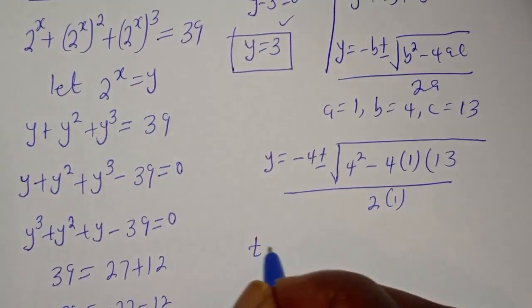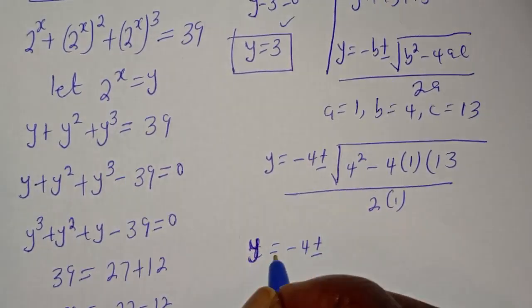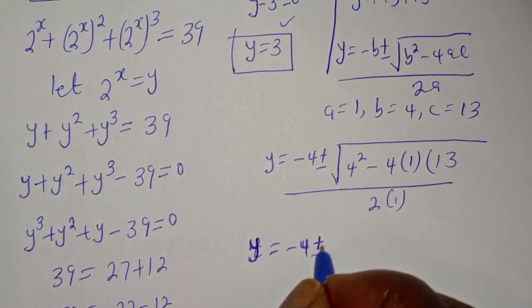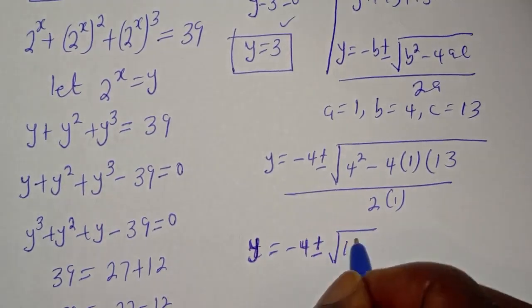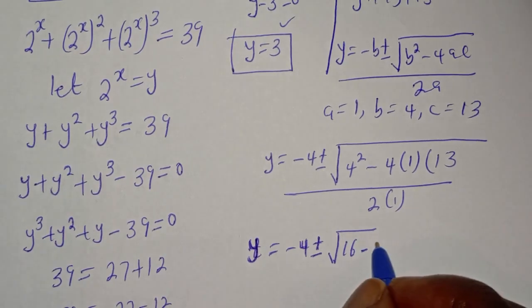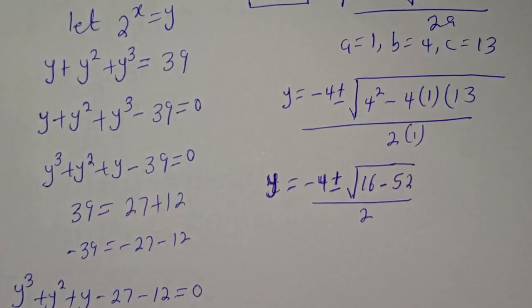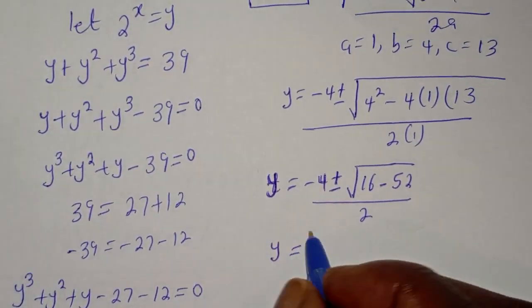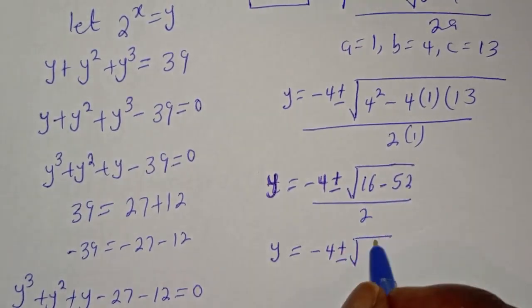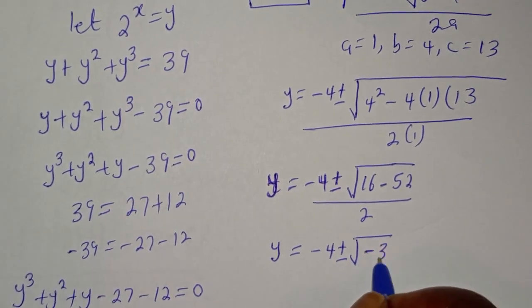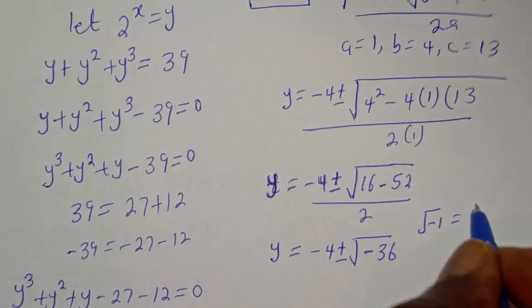Then y is equal to minus 4 plus or minus square root of 4 squared, 16, minus 4 times 1 times 13, that is 52, over 2 times 1, 2. Y is equal to minus 4 plus or minus square root of 16 minus 52, that is minus 36. But we know that square root of minus 1 is equal to i.